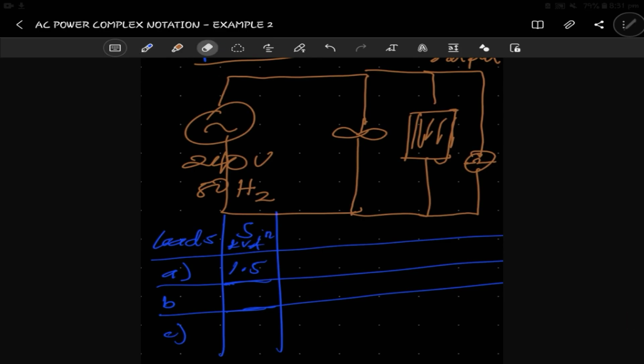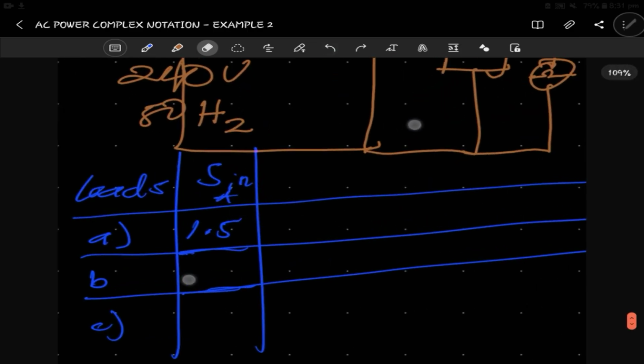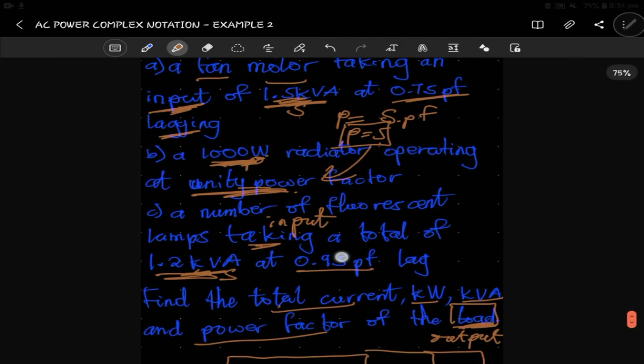So everything here is in kVA, to make it clear so we see what's happening. So 1.5 for A.